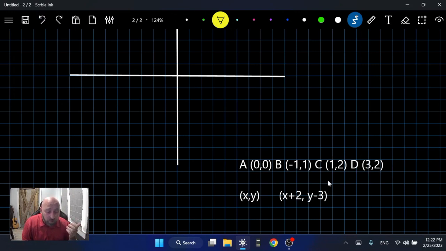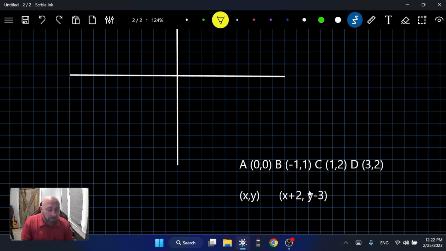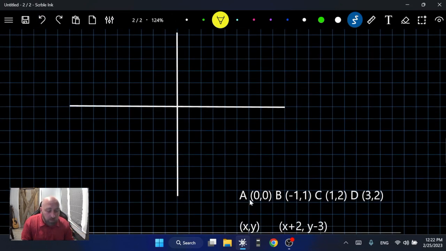You can see this in your book on page 353. What they give us down here is the translation, that's the movement. What it's translating, what it's moving, is based on that. We'll get to that in a second, but first let's put our pre-image on the Cartesian plane.